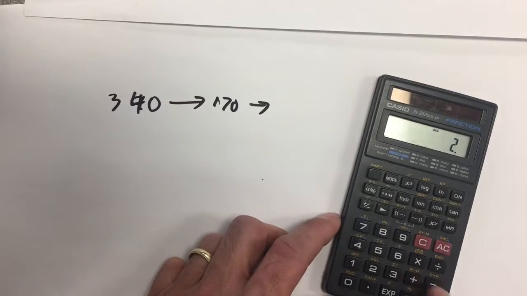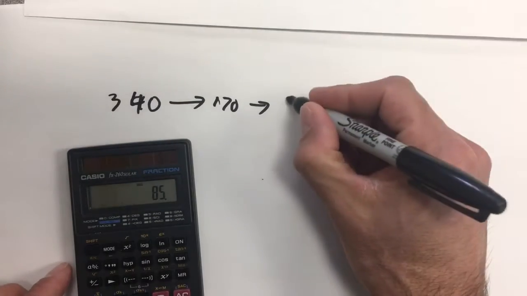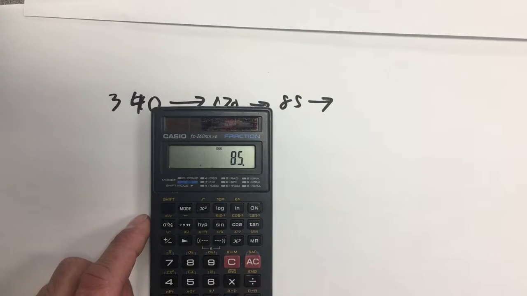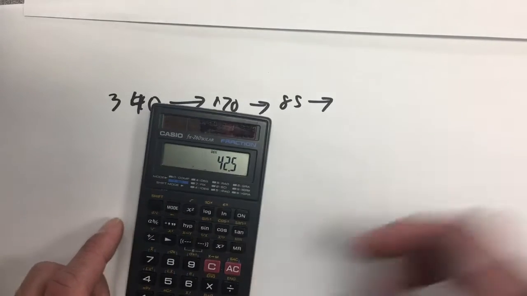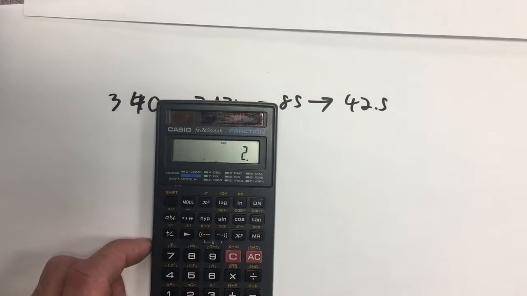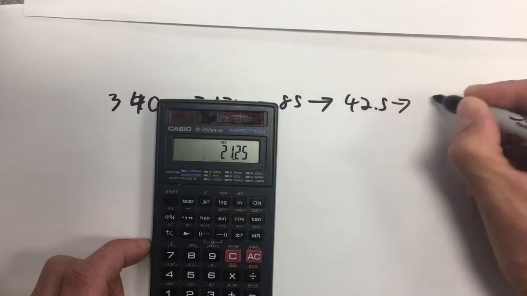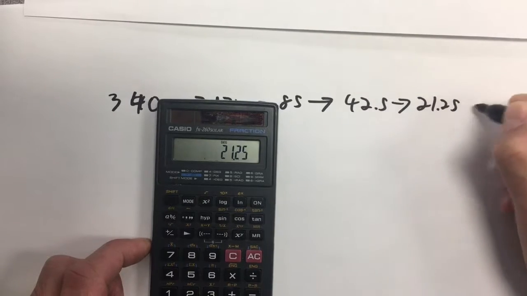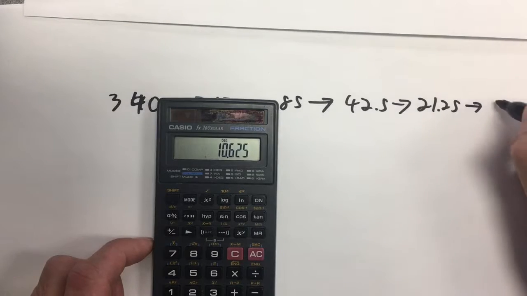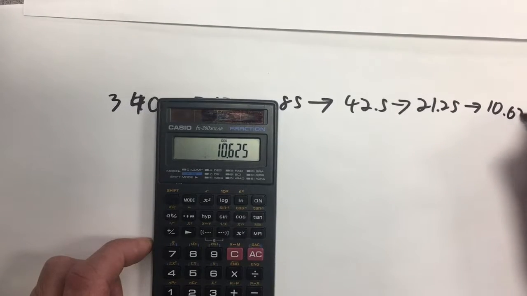Divide that by 2, gives you 85. Cut that in half. That gives you 42.5. Divide that by 2. 21.25. And then divide that by 2. And that gives you 10.625.